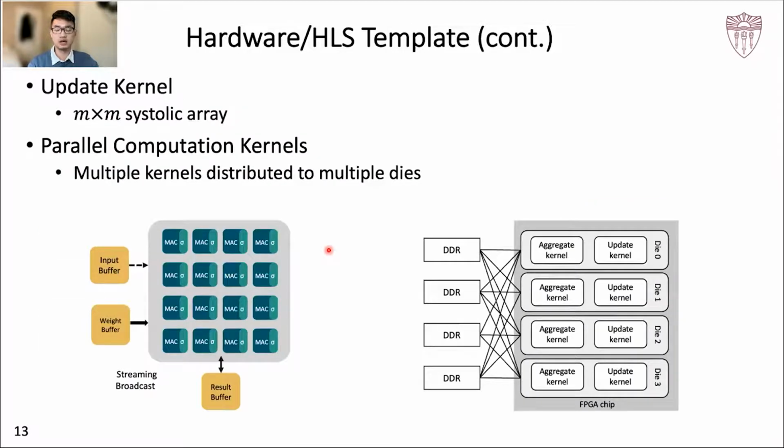We also designed the update kernel template, which is a systolic array-based design, and users can customize the activation function. At last, we will have several kernels, and they will be distributed to the multiple dies on the FPGA and connected to all the DDR banks.